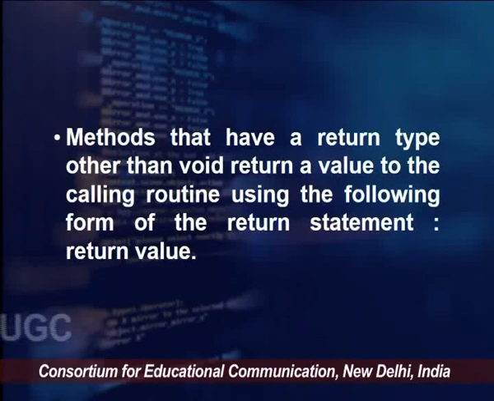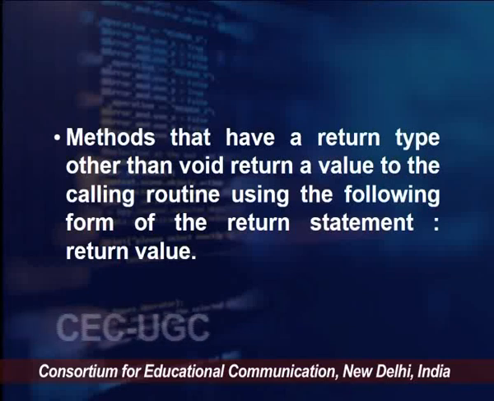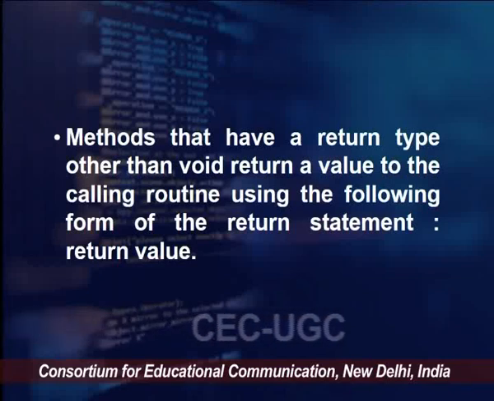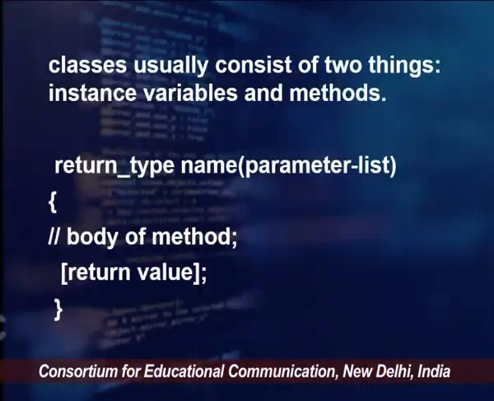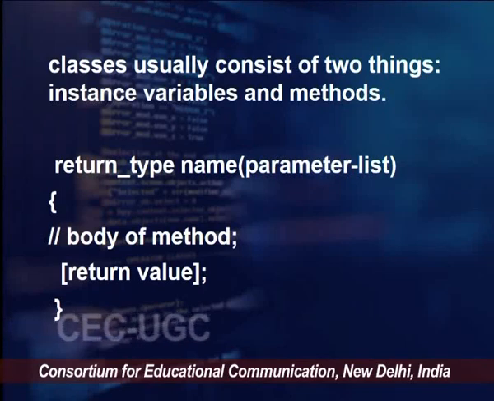So, these methods can have a return type, and all those methods which have a return type other than void, void meaning nothing or no return type, such as integer, character, or double, need the return statement, which is given inside the square brackets.